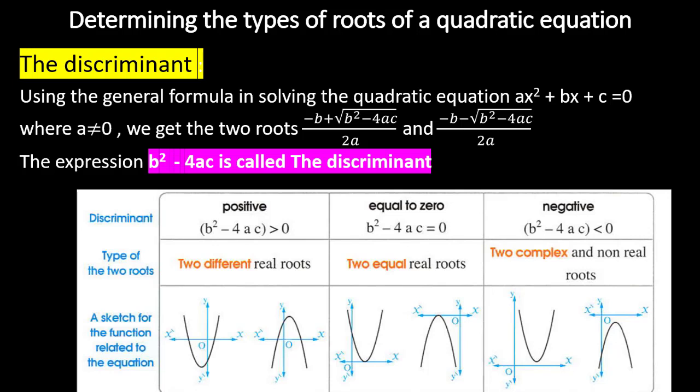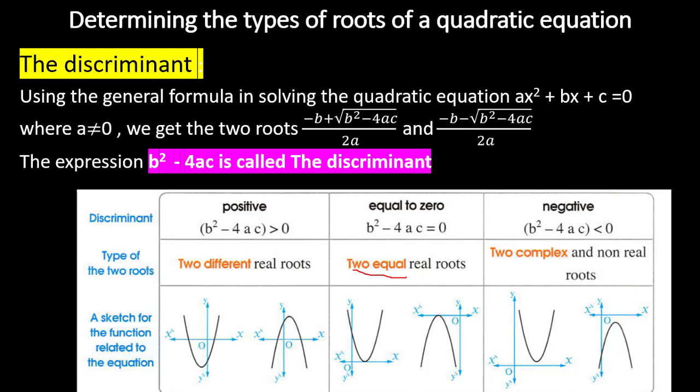If b power 2 minus 4ac equals 0, in this case we say that we have two equal real roots. They are the same, two equal real roots. It will be the x-coordinate of this point, which is the point where the curve touches the x-axis.